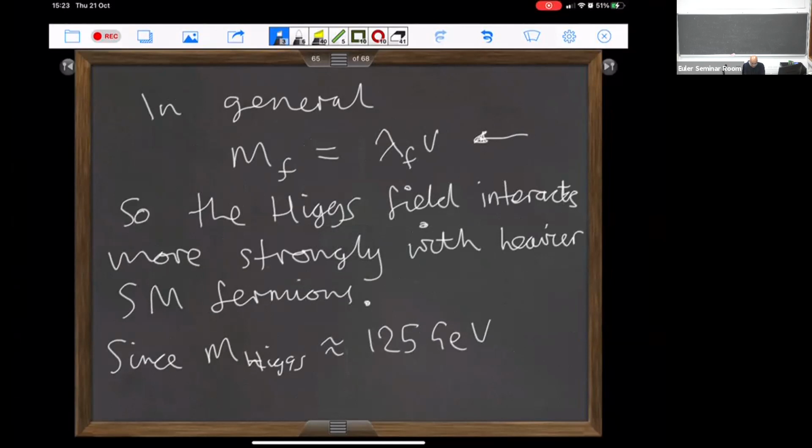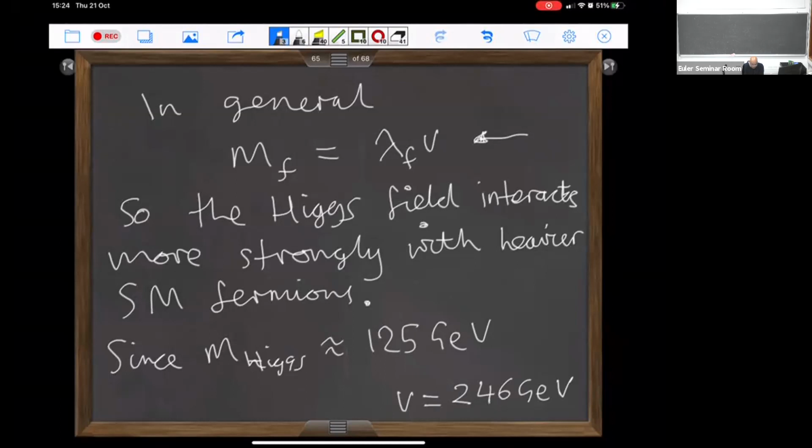So what this means is that, since v is the same for all, there's only one v, which, in the way I've defined it, is measured to be 246 GeV, just so you get an idea of what the number is.